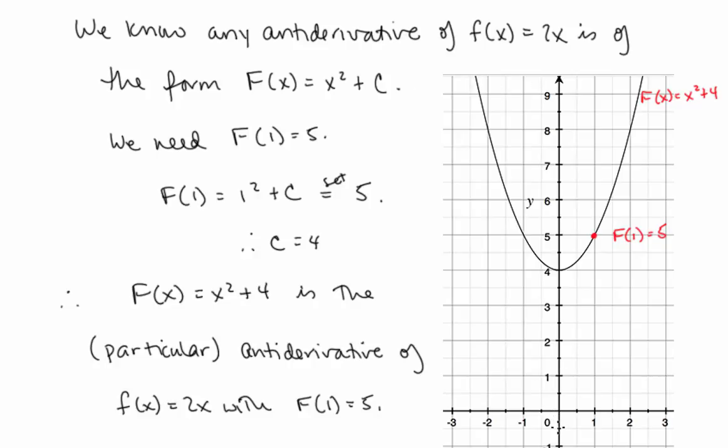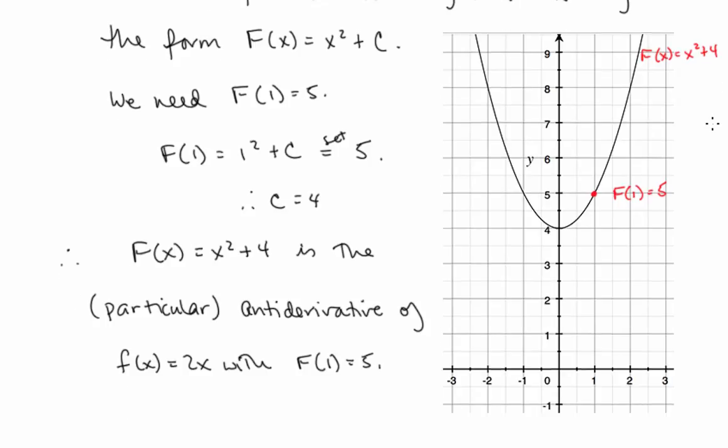We want the particular one that has capital F of 1 equaling 5. So we want the particular parabola that goes through this point. And so we found that the equation for this parabola is capital F of x equals x squared plus 4. So that's a particular solution. It's a particular antiderivative. Let's take a look at another.